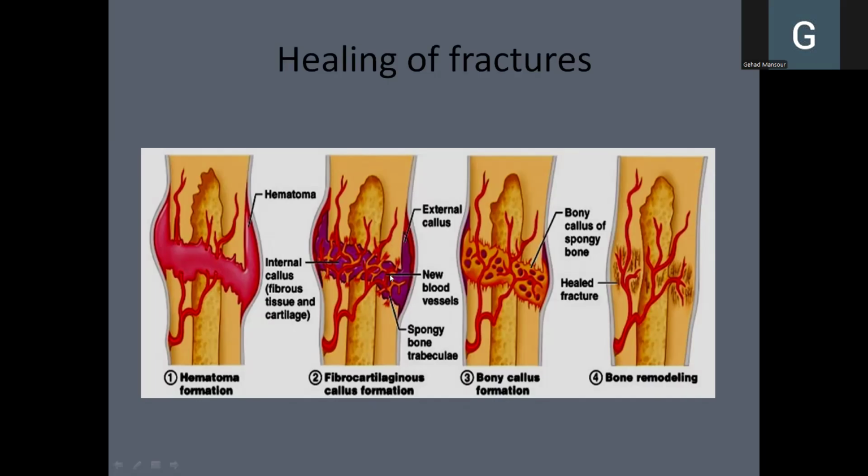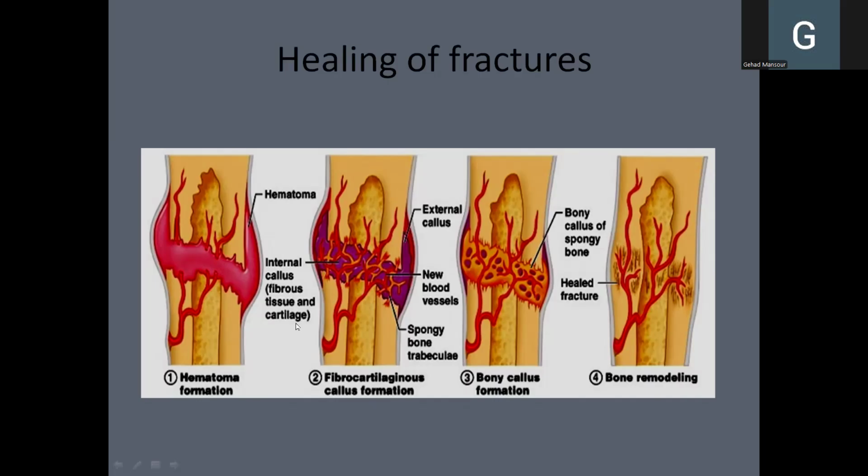The callus is a swelling that usually extends, as you can see, beyond the periphery of the bone, and it is internal because it's mainly formed inside, and it is made of fibrous tissue and cartilage tissue.